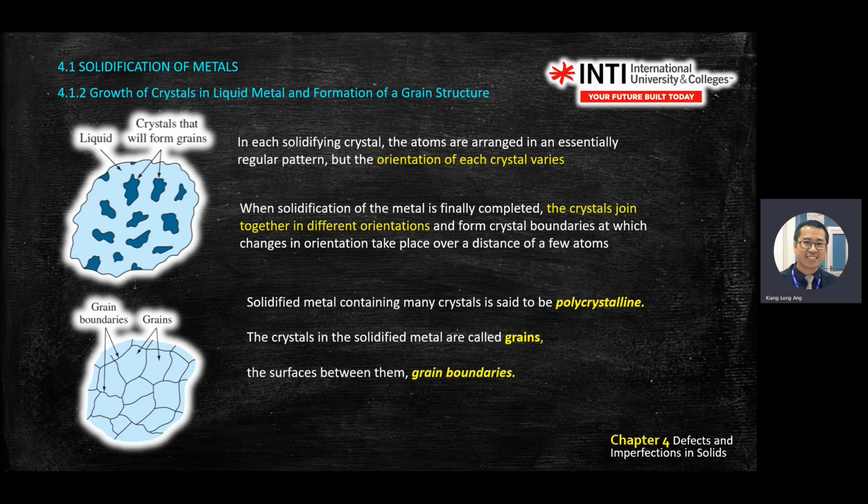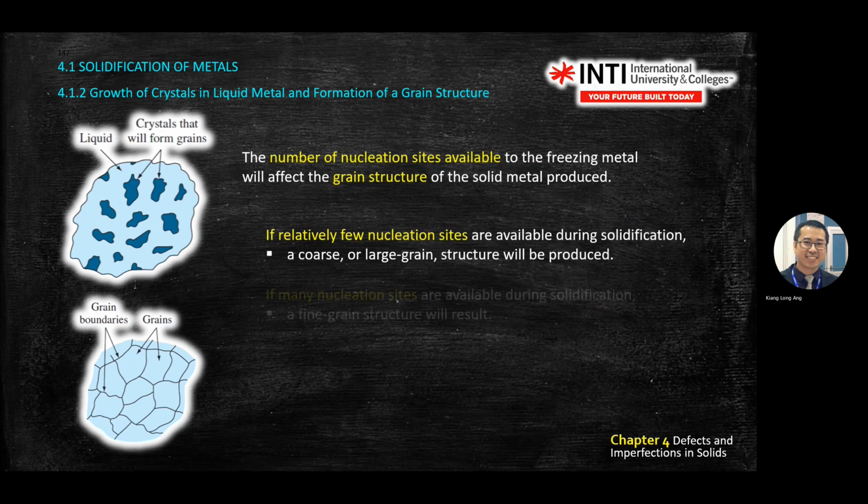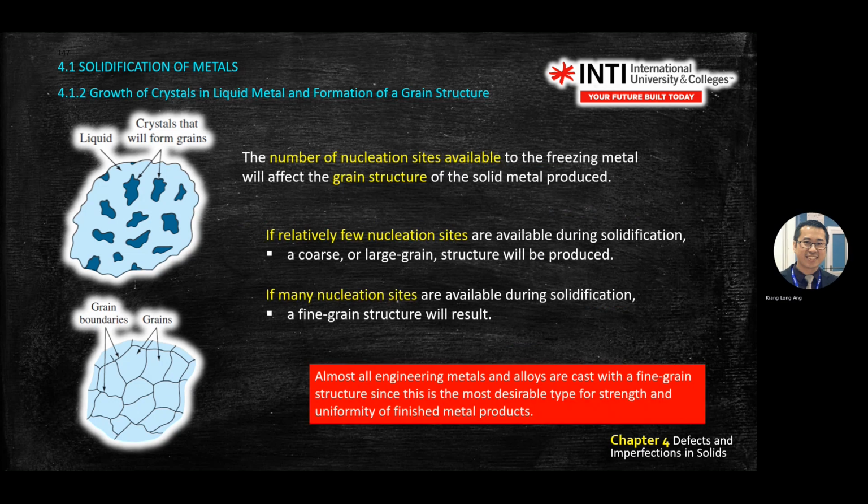In metals, we call them grains. The surface between the grains is called grain boundaries. Later, when we talk about defects or imperfections, we will always recall the terms grain and grain boundaries to define the type of imperfection. Okay, the rest you read.